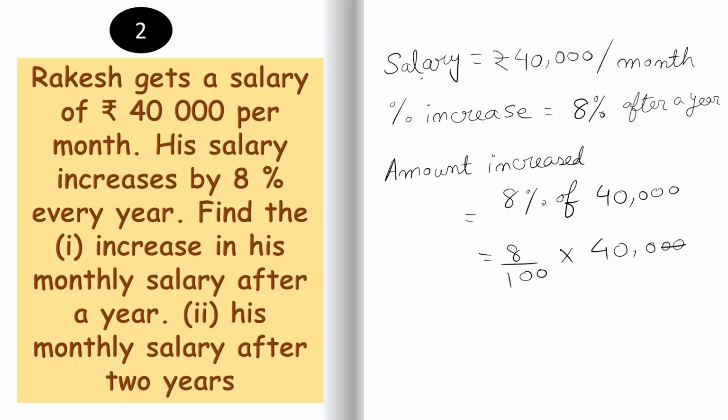So let's cancel two zeros with 20. 8 multiplied by 4 is 32 and we still have two zeros left, so we can give 0 0. So yes, what is the amount increased? Please remember, this is our answer to the first question. Find the increase in his monthly salary.